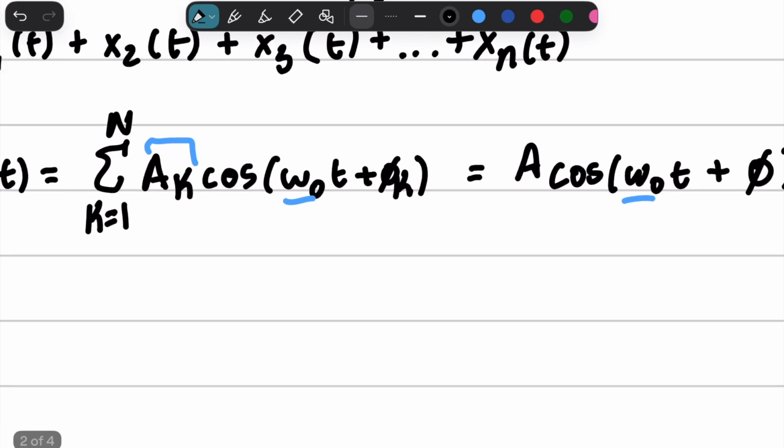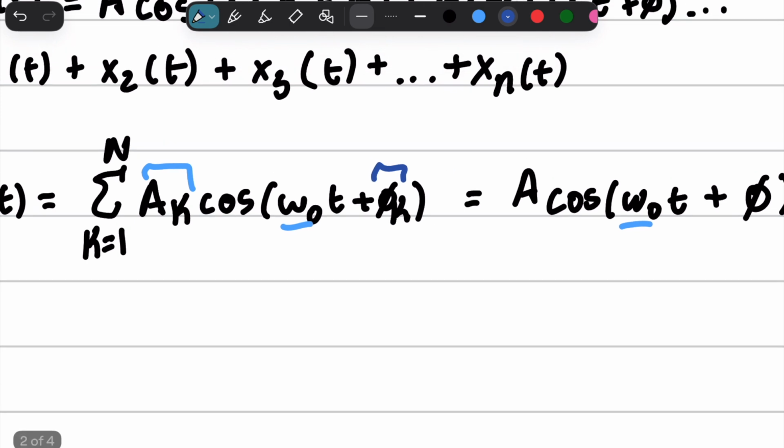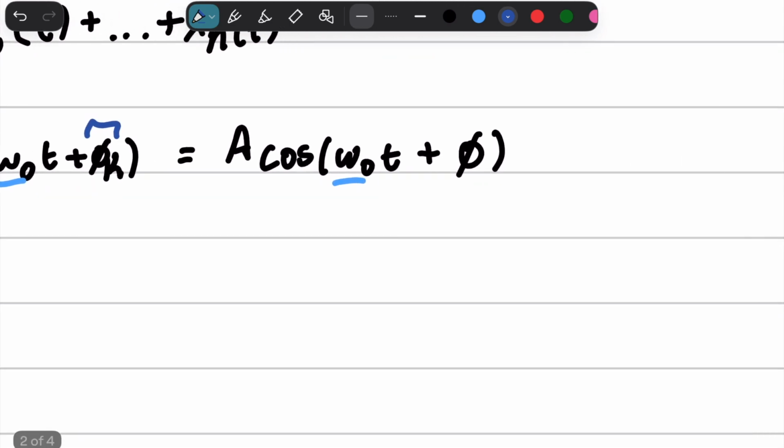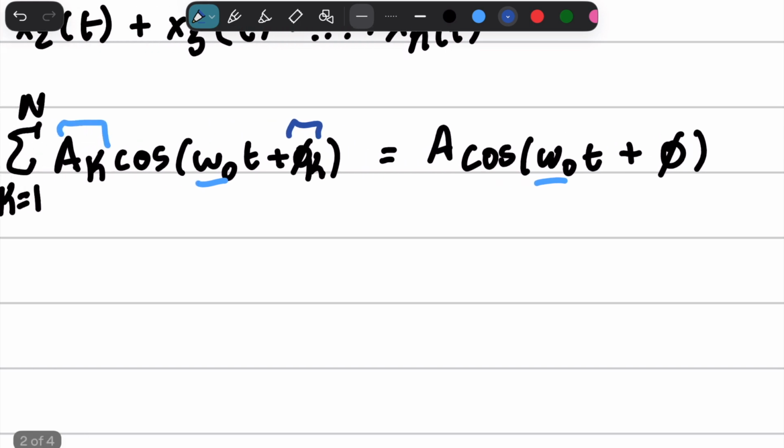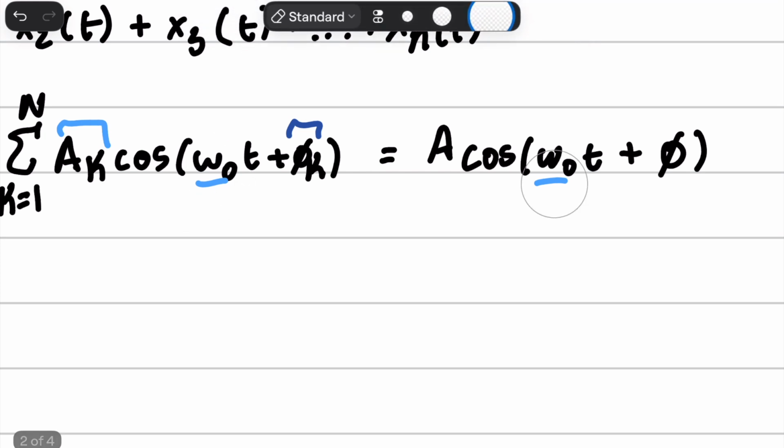We had an a sub k and a phi sub k, so these can be different, and then here we just have one general a and one general phi. And we have the same omega naught here and here.